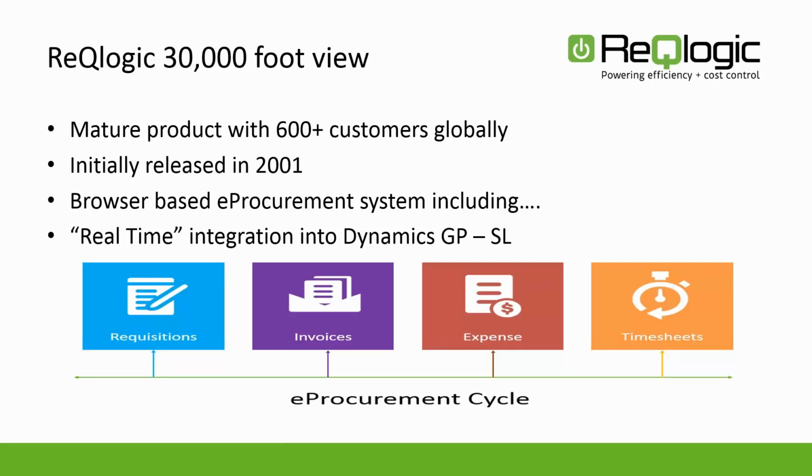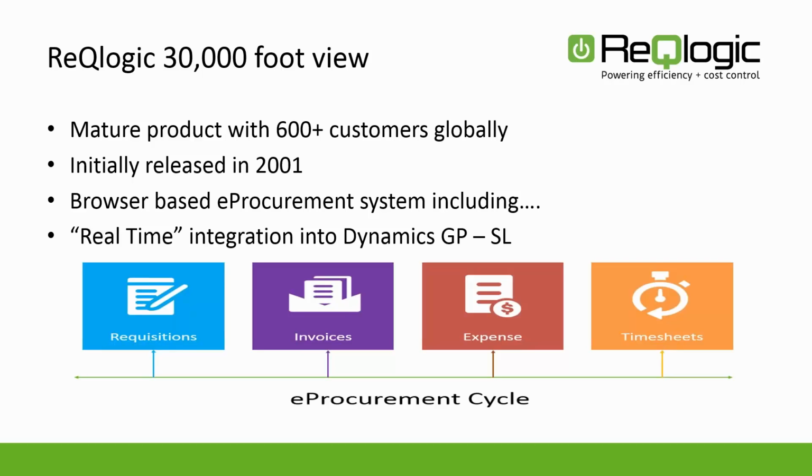Those are customers on our annual enhancement plan. We were initially released in 2001. We're a browser-based e-procurement system providing, as Kayla mentioned, real-time integration into Dynamics GP and SL. Today we'll focus on GP, and that real-time integration means that we are reading and validating against your tables in GP.